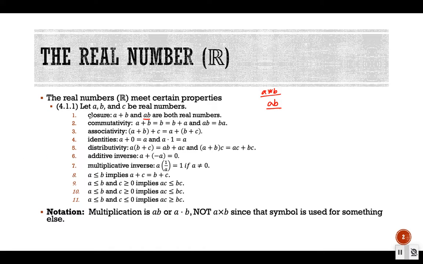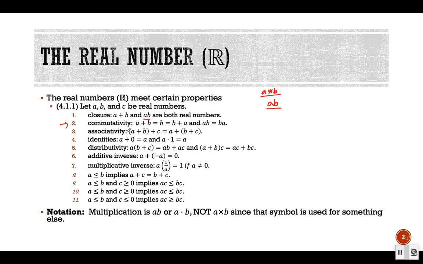So closure property says that if a, b and c are real numbers, then a plus b and a multiplication b both will be real number. So the property 2 says that a plus b will be same as b plus a, and a times b will be same as b multiplication a.